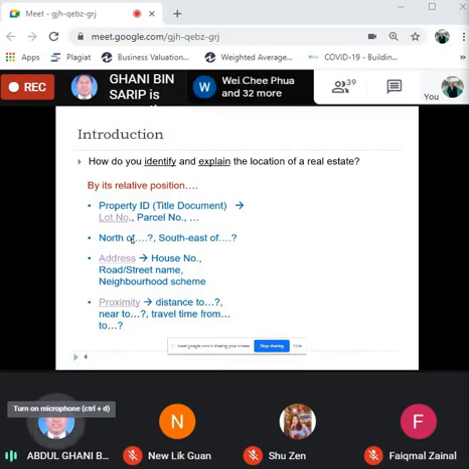And the more common one we could utilize is the address. Nowadays in urban areas we have building and house numbering, but also proper road and street names.